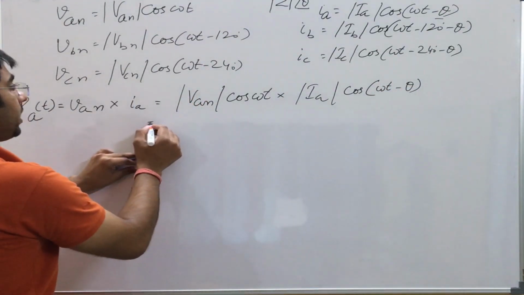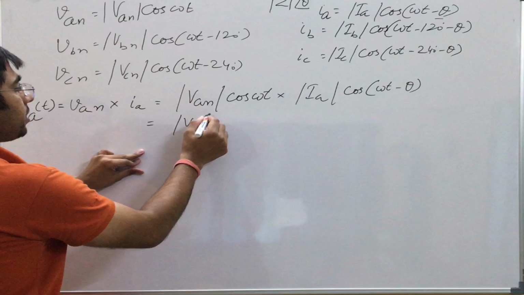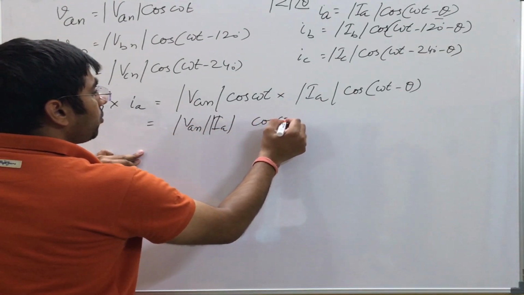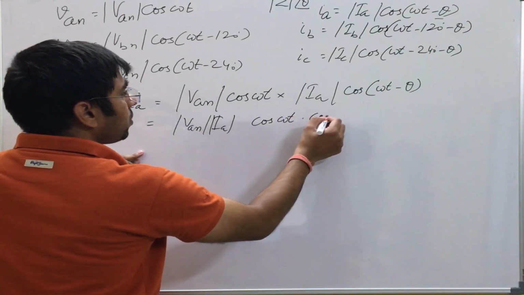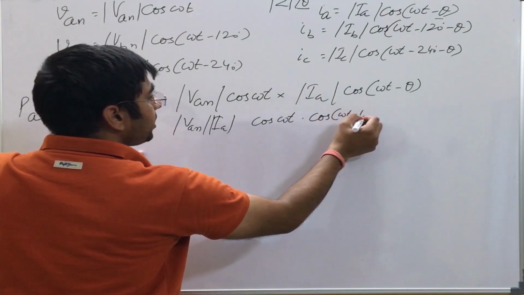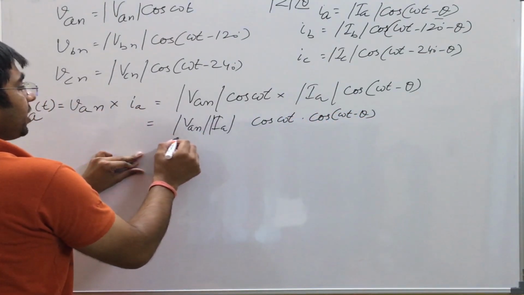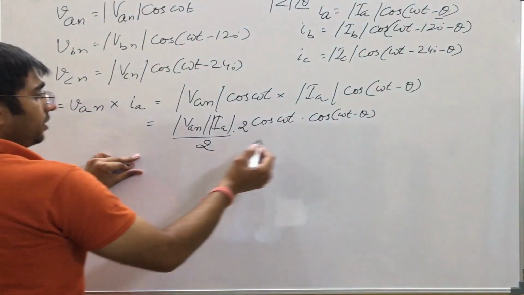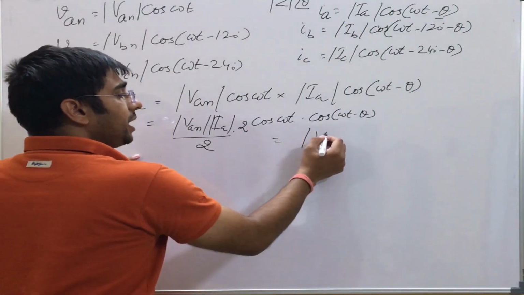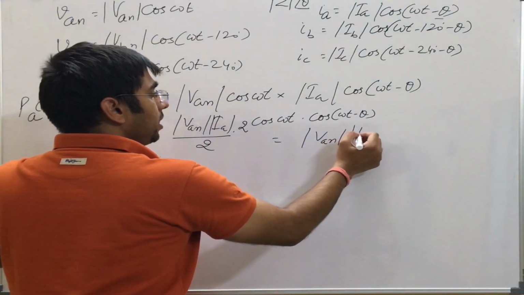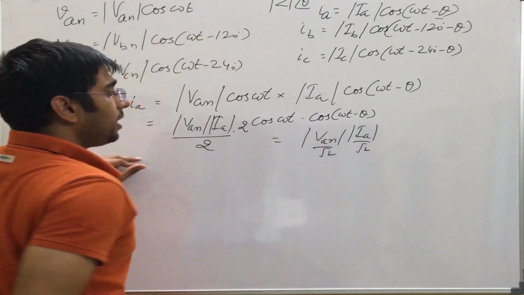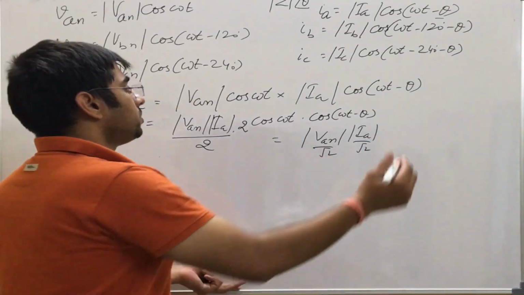Let's solve this. It will give VAN IA cos omega t into cos(omega t minus theta). I will divide it by 2 and multiply it by 2. What will it give? It will give VAN IA by 2. Let us say it is root 2, so these will become RMS values.